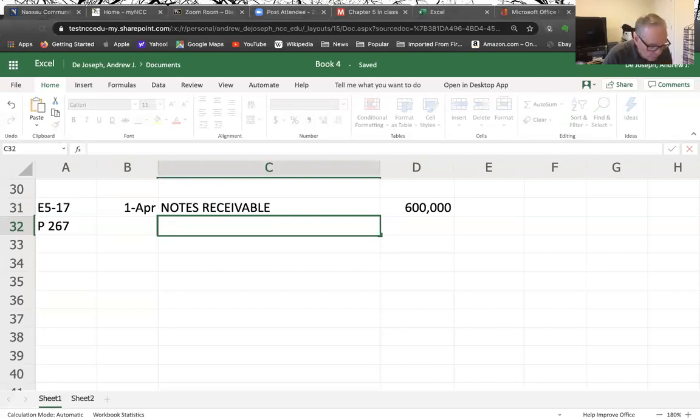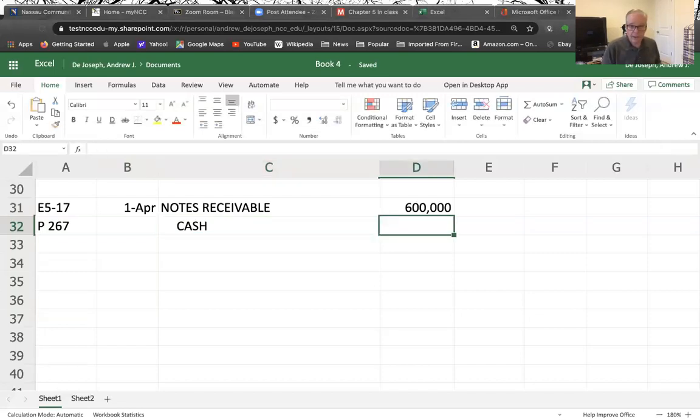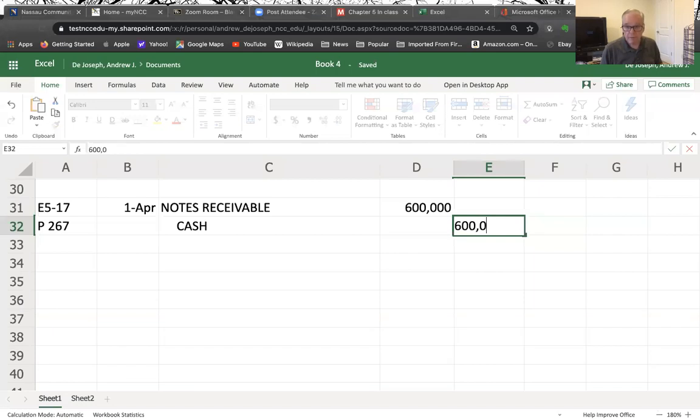Now, a supplier is somebody that you buy things from, somebody that you probably owe money to normally, right? You would debit inventory and credit accounts payable when you buy stuff from them. So just not to confuse the issue, this isn't an accounts receivable. And when I see the words lack of funds, that tells me that they want me to give cash. So debit notes receivable and credit cash, 600,000.